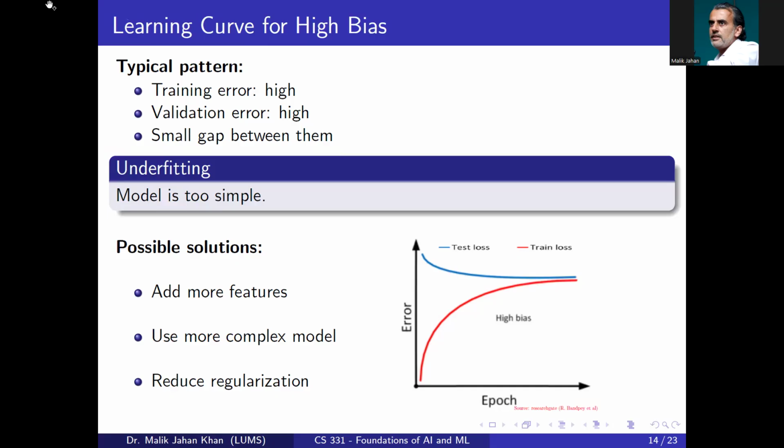So if you visually have a look at that, on the x-axis we are seeing epoch. Epoch means how many iterations are being performed during that training exercise, and on the y-axis we are seeing the error.